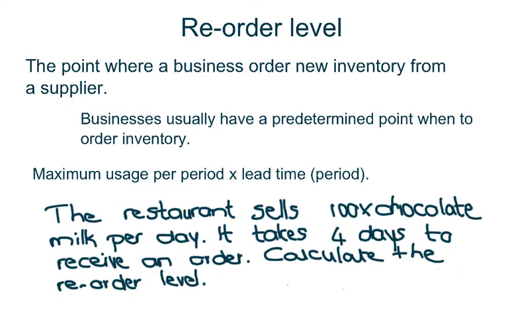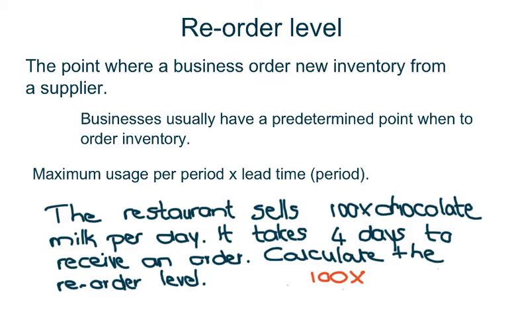So let's quickly do this one. We are saying we are selling 100 per day. So our usage or demand is 100, and our period for this example is days. So our usage is 100 times my lead time.